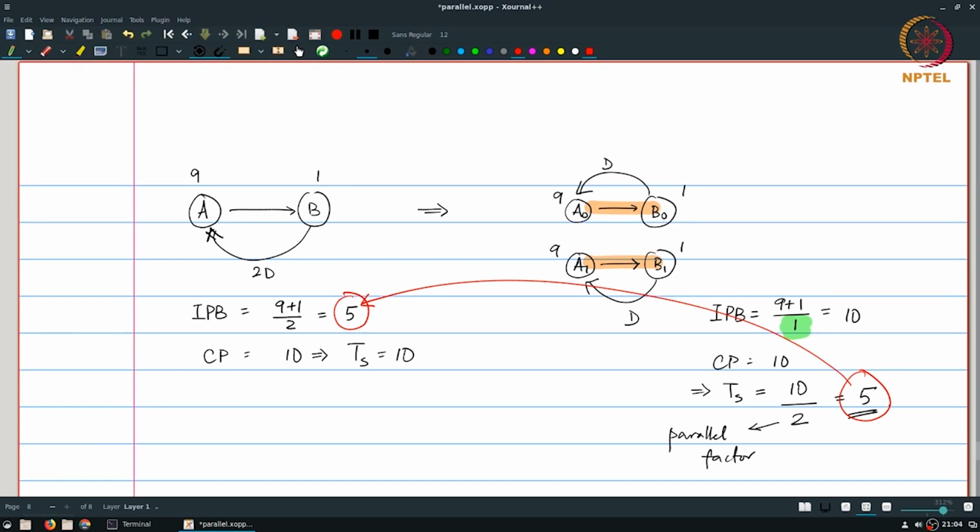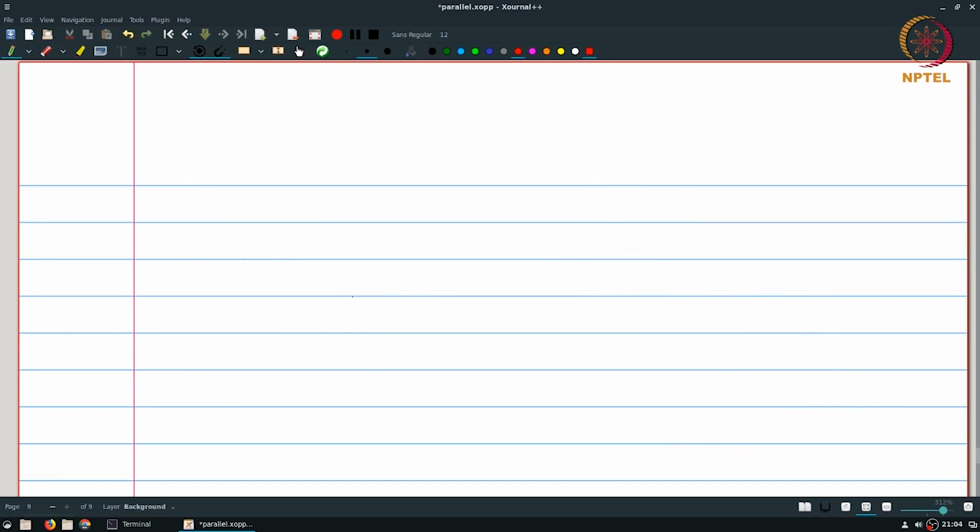What happens if we want to unfold a slightly more complicated graph? Let's consider a situation where we again consider the same basic structure, but now with 3 delay elements on it, and I now want to unfold this by a factor of 2. How exactly does this happen?